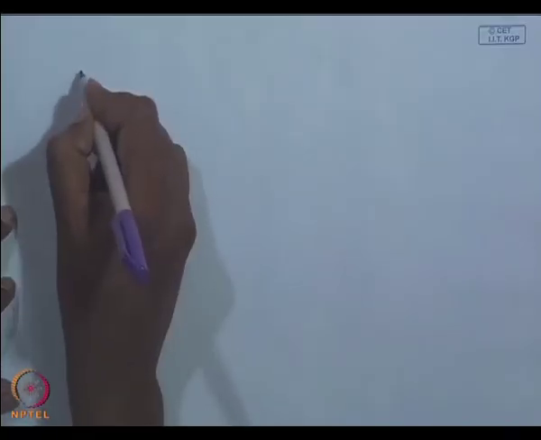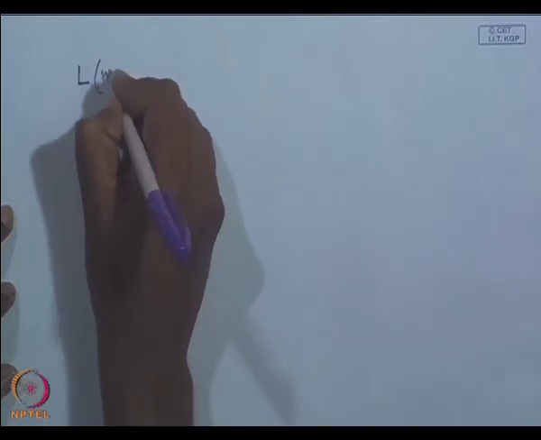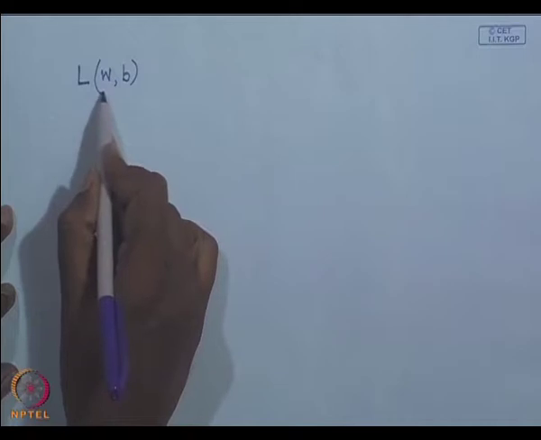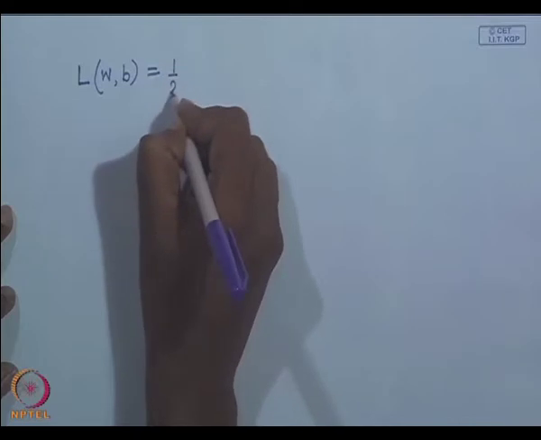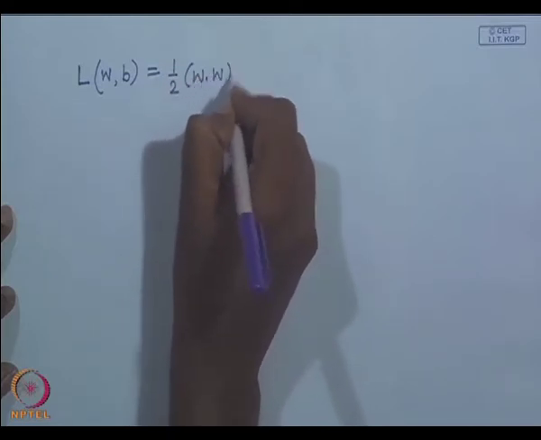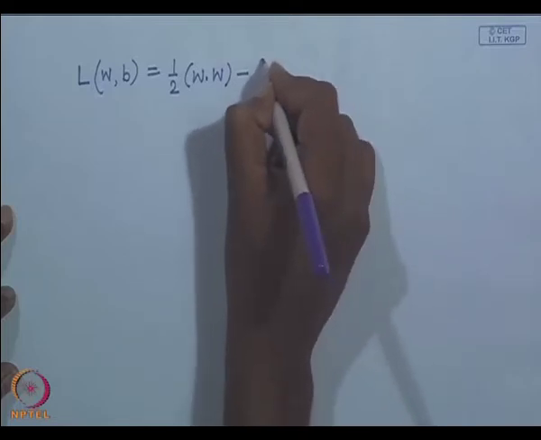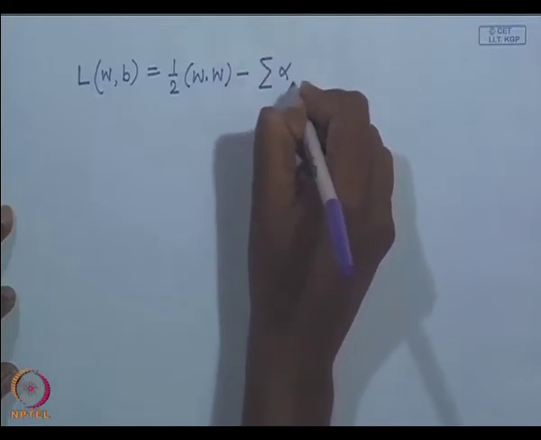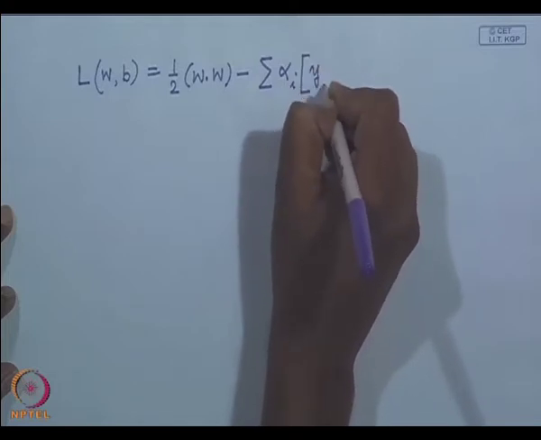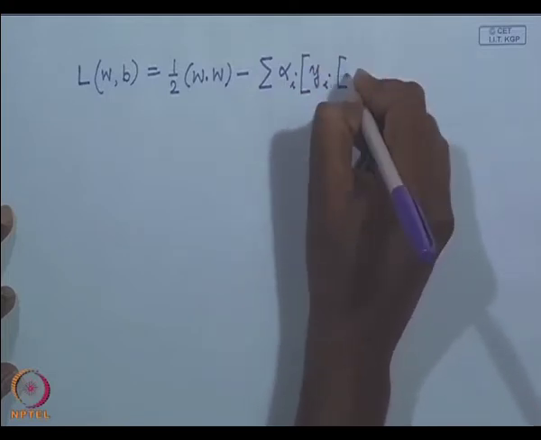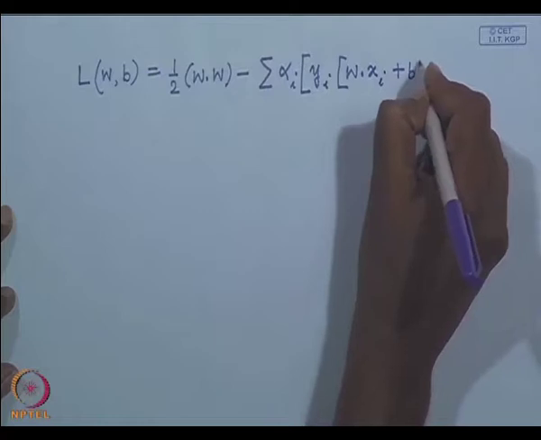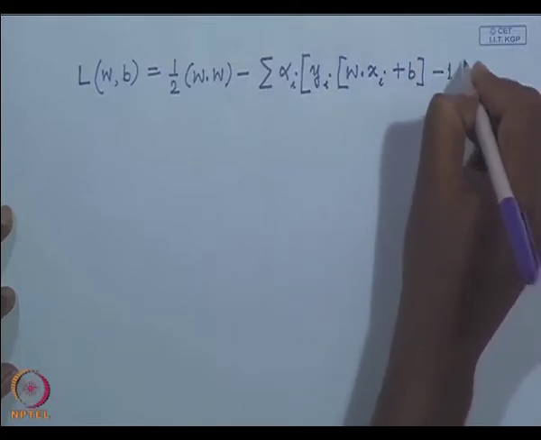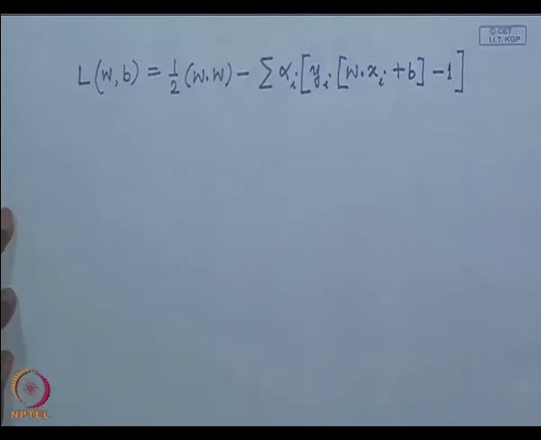So, I can define a Lagrangian of the form L(w, b), because as we said I want to minimize w, it will be half of w dot w minus sum of alpha_i into y_i into (w dot x_i plus b minus 1).